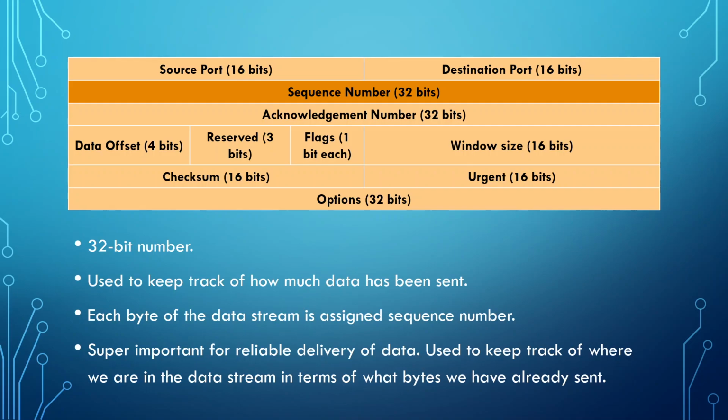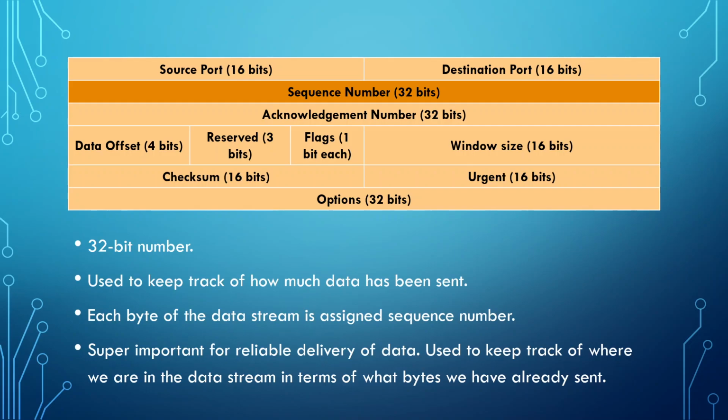You have to remember that what the sequence number tells us is whereabouts we are in the overall transmission of this data stream. Obviously bytes which are earlier in the data stream are going to have a lower sequence number than bytes that are halfway through or at the end of the data stream, which are going to have a higher sequence number.